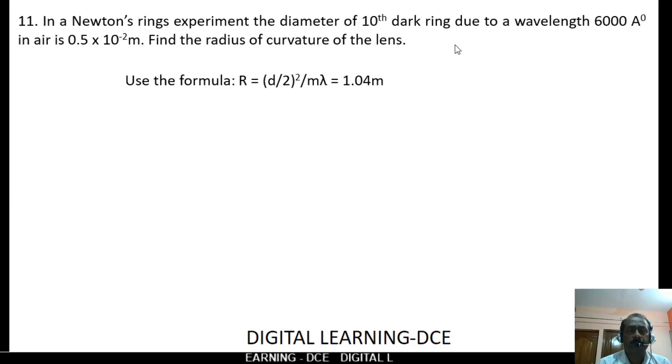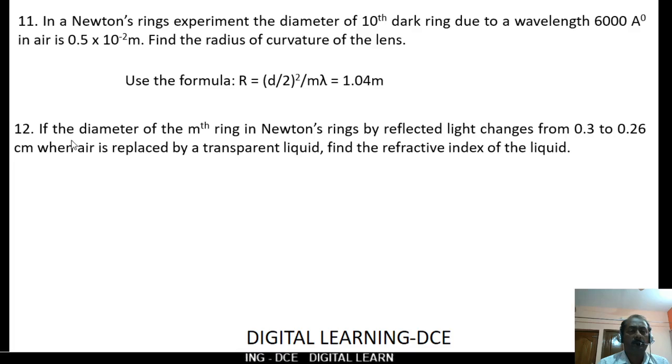Here d is 0.5 into 10 raised to minus 2 meter, and wavelength is 6000 into 10 raised to minus 10 meter. For m, substitute 10. On further calculation, you get the final answer 1.04 meter.